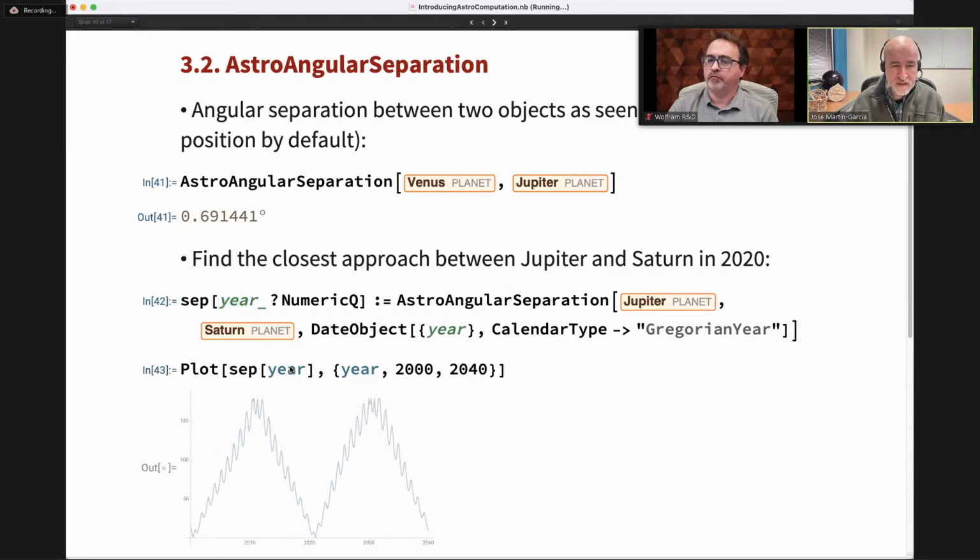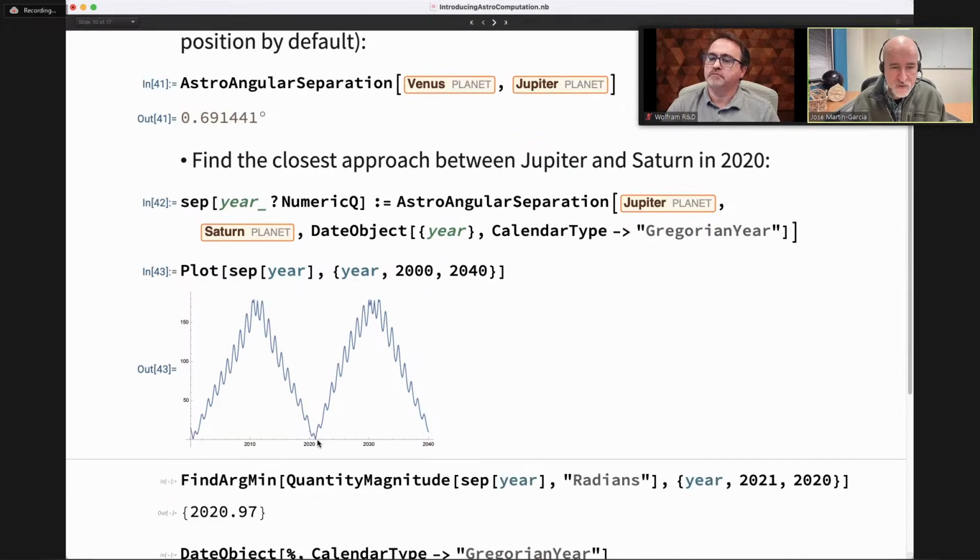We can pass the year here as a real. It will be interpreted as what is called a Gregorian year, which is, for example, this year, 2023. This will be a real number going from 2023.0 at the beginning of the year to 2024 at the end of the year. And so we see that around the end of 2020, the two planets were very close to each other.